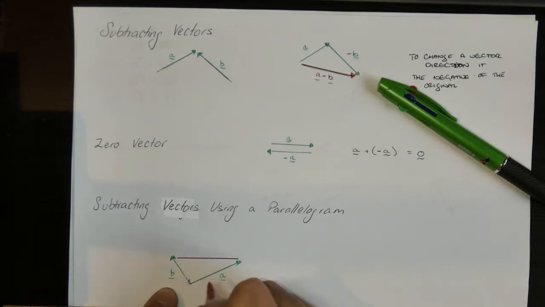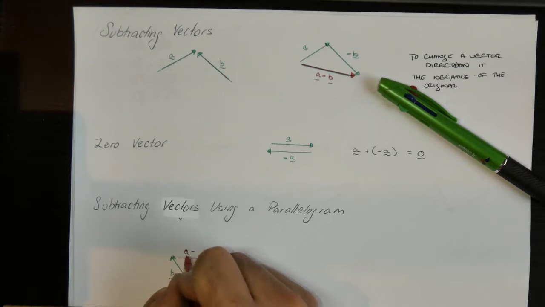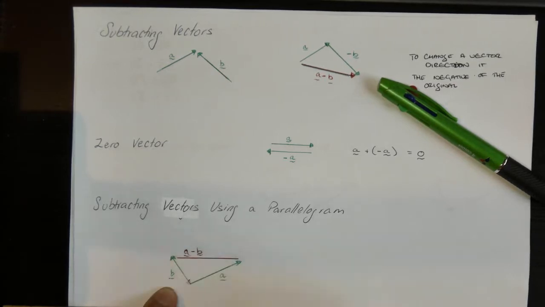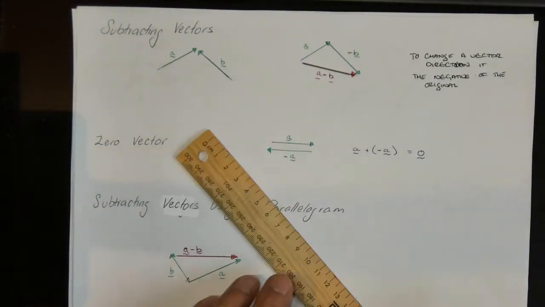Okay, and that's going to be negative B plus A, which is A vector minus B vector. Alternatively, I could have flipped this one and have B minus A. So maybe I'll do that.